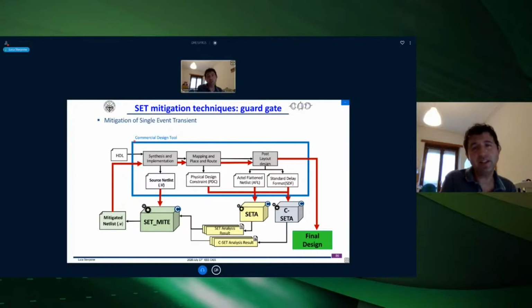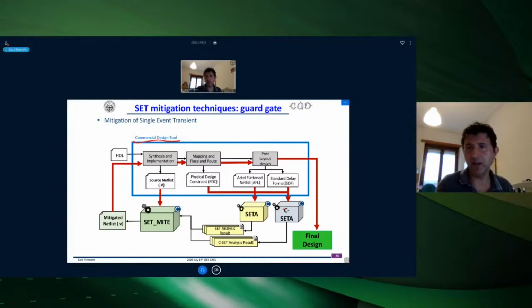Here there is the commercial design flow that is represented in this part. You have the VHDL, you synthesize, you perform the place and route, and then you have your circuit that is finally implemented. But if you want to analyze and mitigate, what you need to do is to extract a lot of information from this phase.